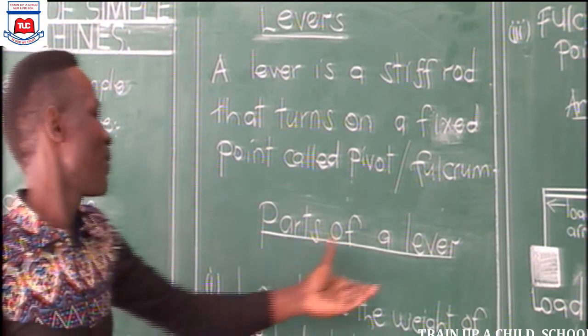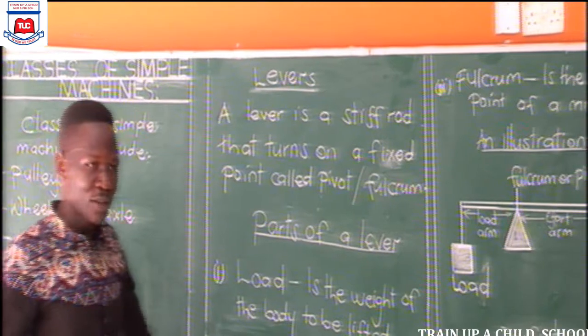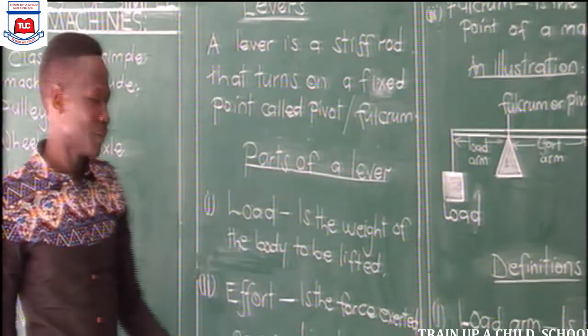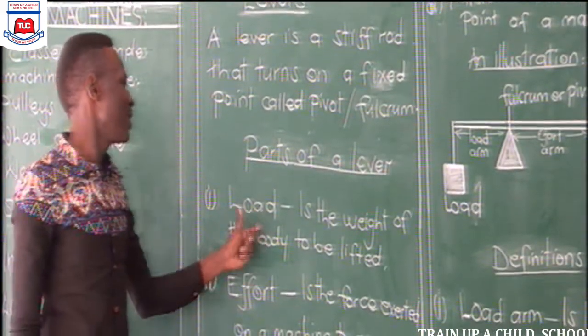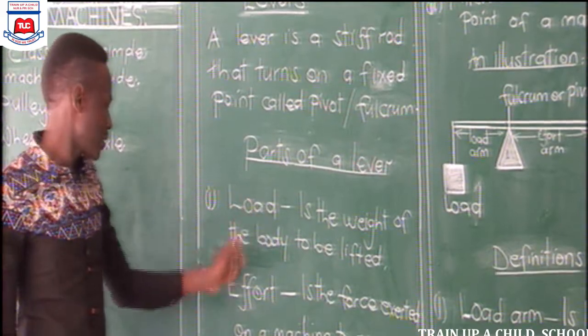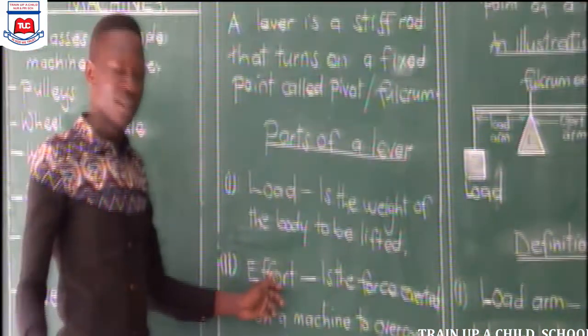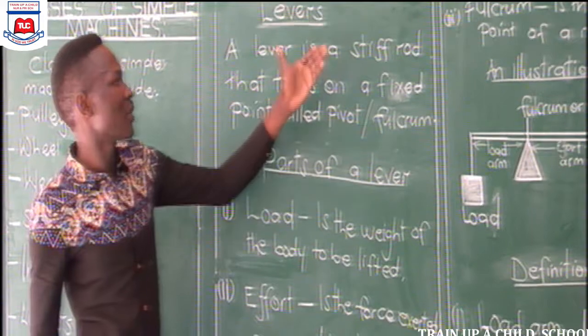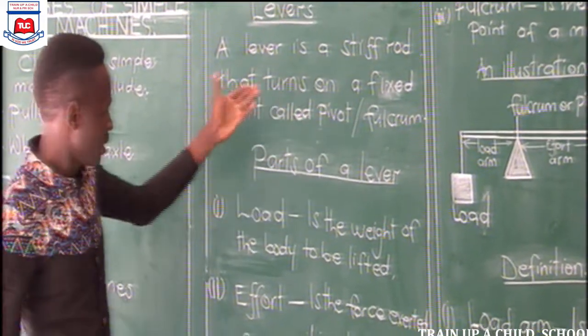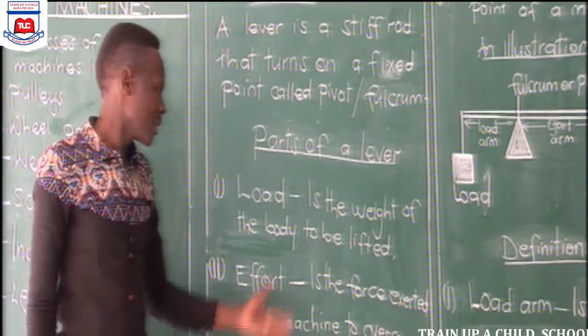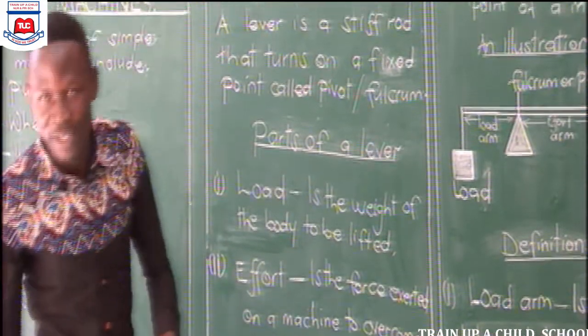So these are parts of a lever. The parts of the lever, there are basically three. The first part of a lever is the load. And the second is the effort. And then we have the fulcrum or pivot. So what's the load? The load is the weight of the body to be lifted.